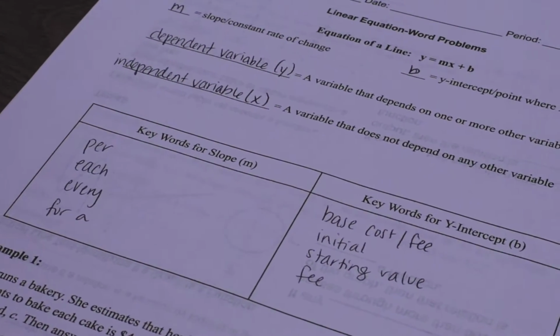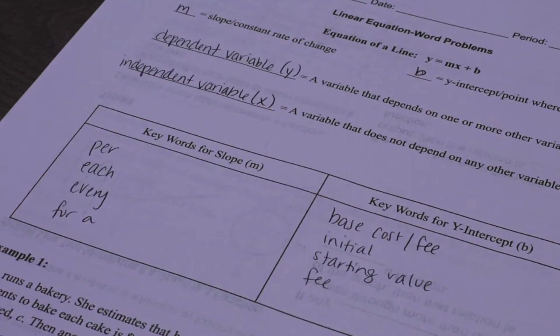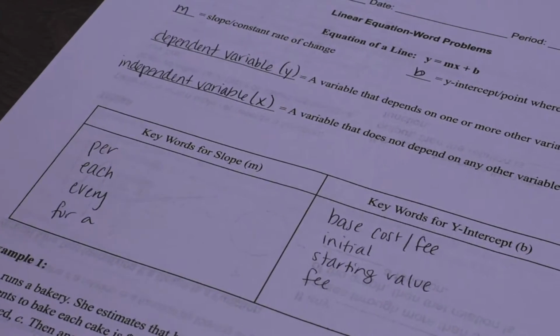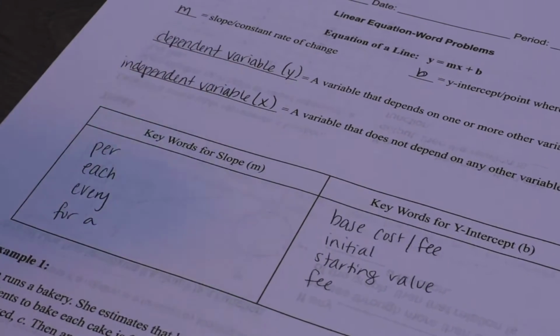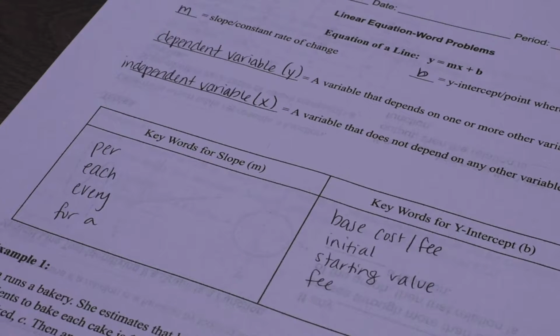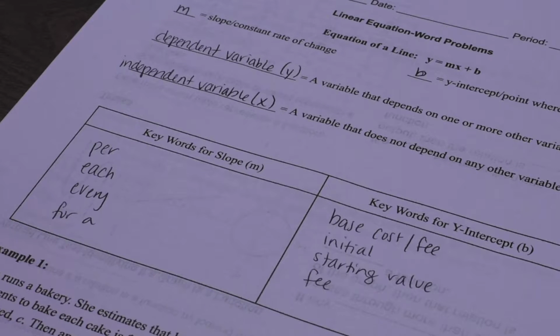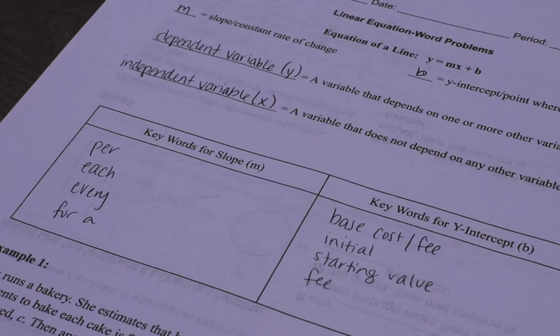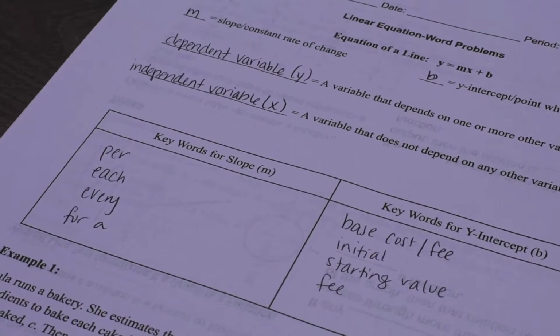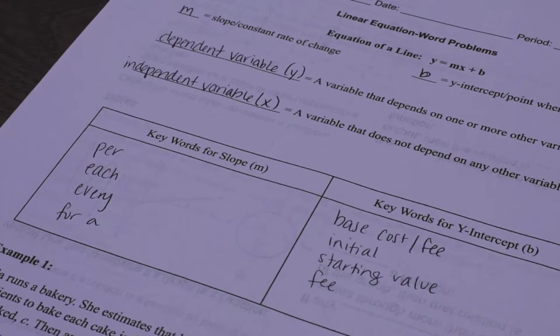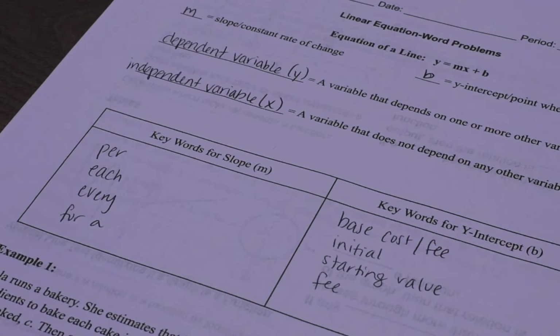Those are all keywords for y-intercept. But you should also know that your slope is something that you have to pay for constantly. It's going to depend on how many of something you're buying or paying for. But y-intercept is the initial value, your starting point. You pay that one time and then you don't have to worry about it again.